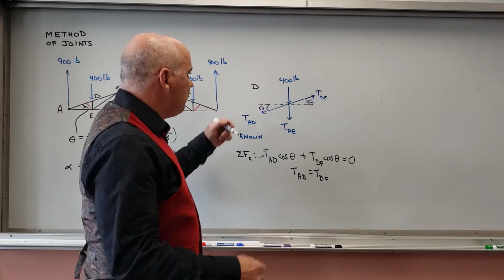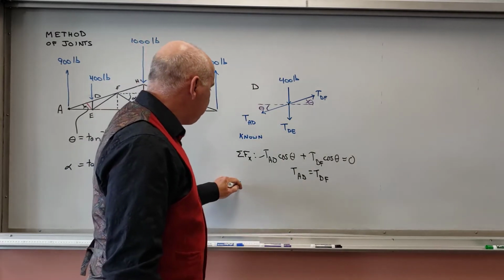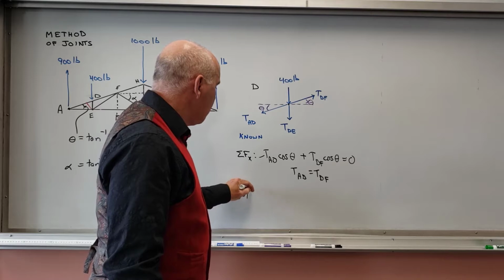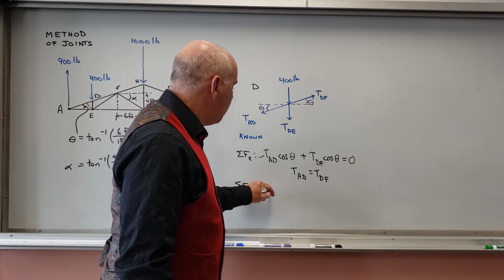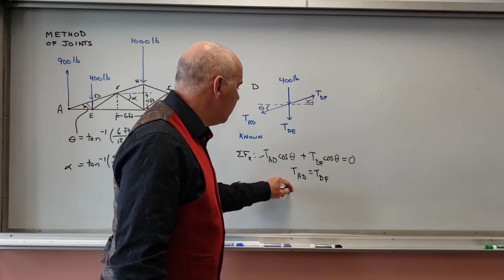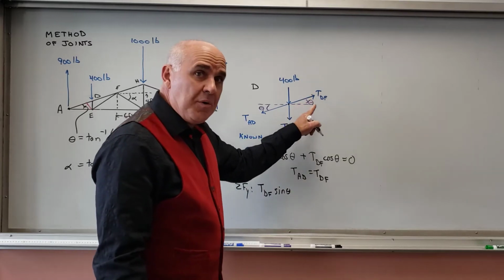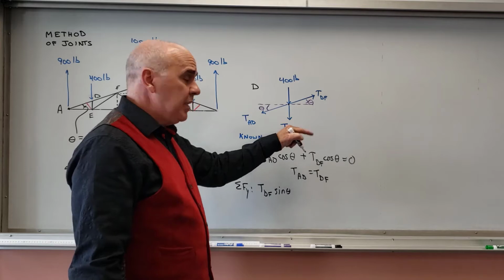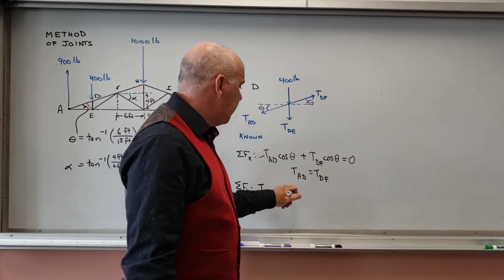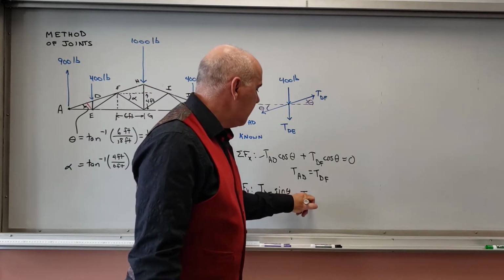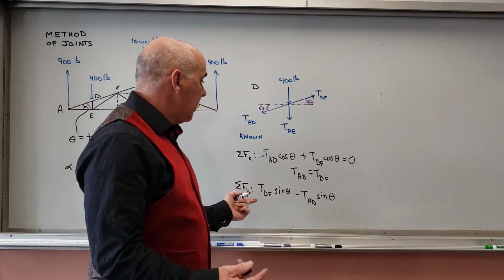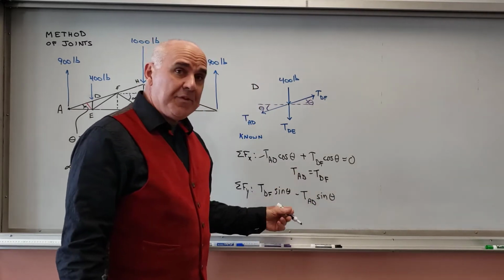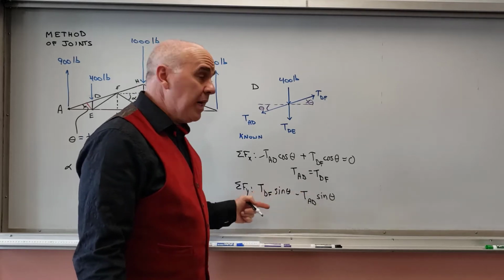All right, and then the sum of the forces in the Y, I'm going to have TDF sine theta. That's the upward component, the Y component of TDF. And then I have TAD sine theta, but that points down. And so notice, since I already know that TAD and TDF are the same, these two terms will cancel each other out.